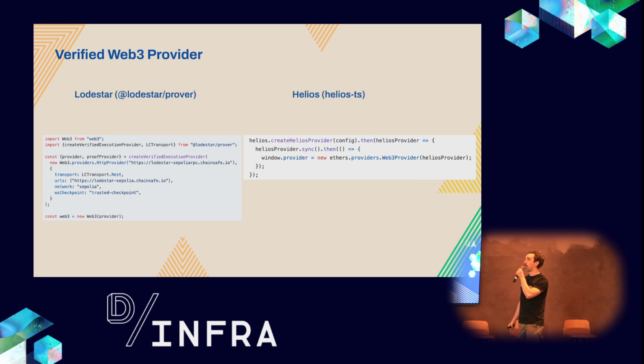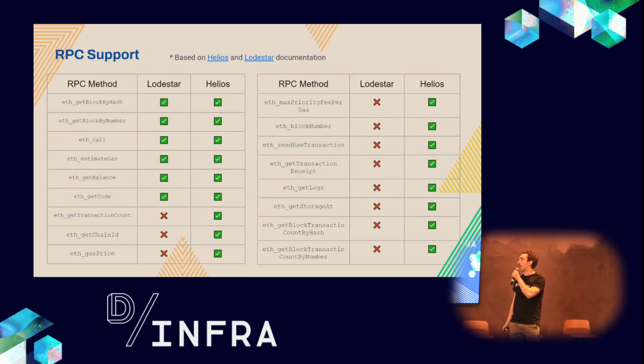So we have Lodestar and Helios, both great teams, which provide a wrapper for the provider, to which you pass a few parameters related to the light client, and then you have a Web3 provider which just verifies all the RPC requests you do through it. So pretty amazing. We said all RPC requests, but it's not really correct.